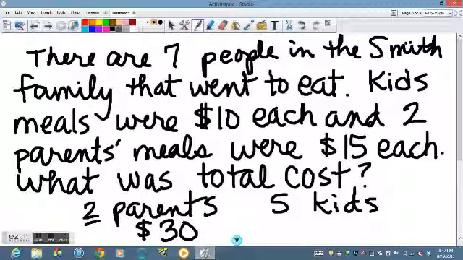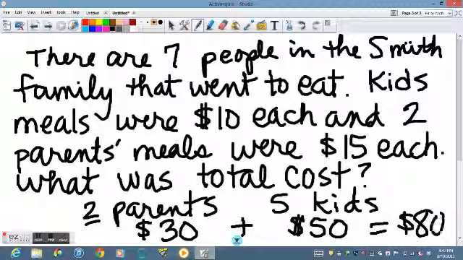Now, there were 5 kids, and the kids' meals were $10 each, so that is going to be 5 times 10, or $50 for the kids' meals. So what was the total cost then? Well, it's $30 plus the $50, which equals $80. Alright, so that's how you would go about that one.